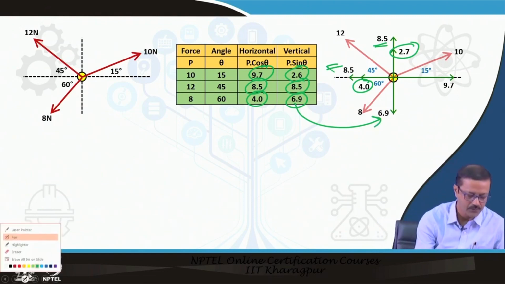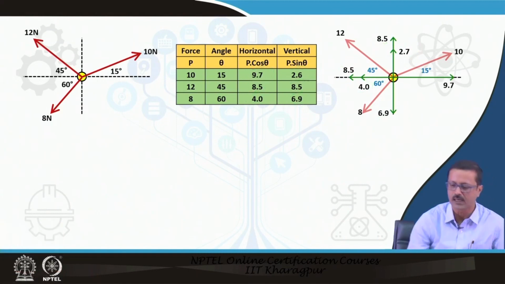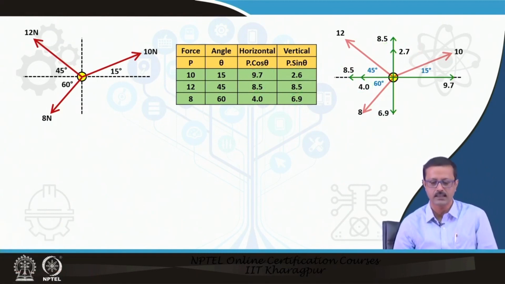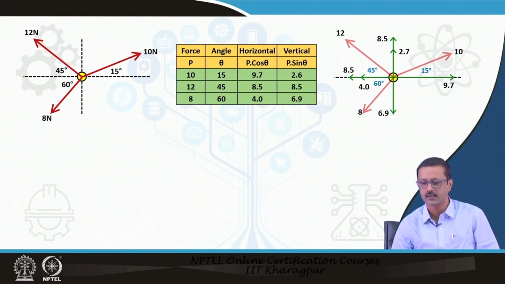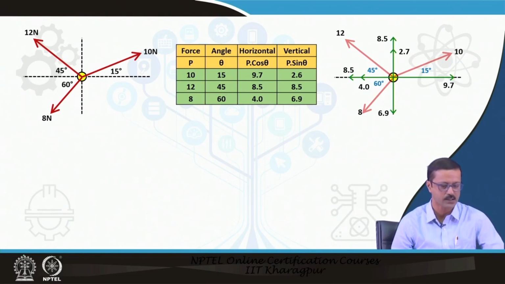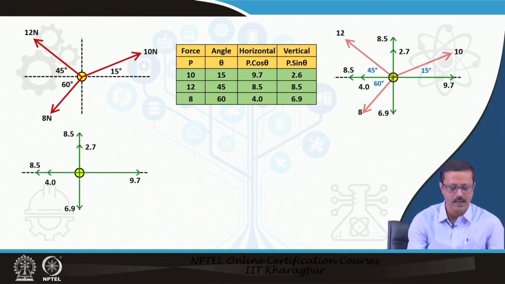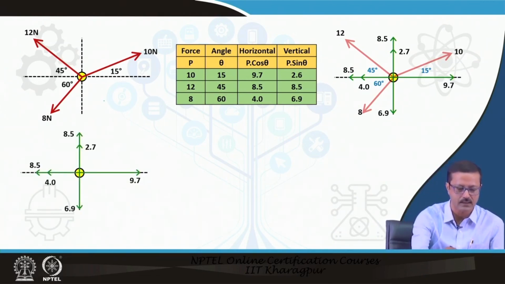So I have found out by some calculations, and now these 3 red color forces are resolved into 6 green color forces, which are in the perpendicular directions, x and y. Instead of the red ones, I can say that this is equal to this.